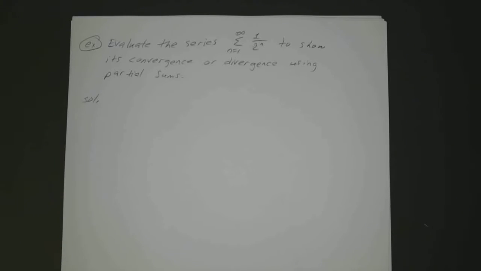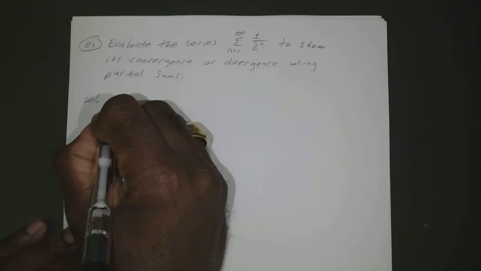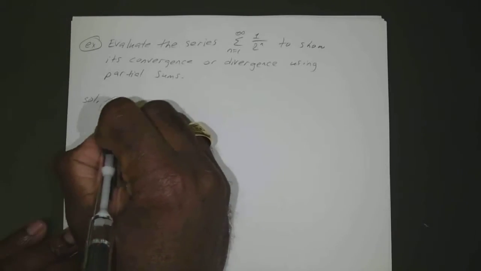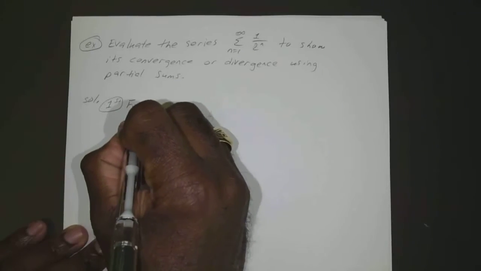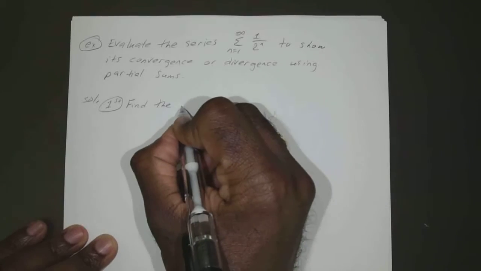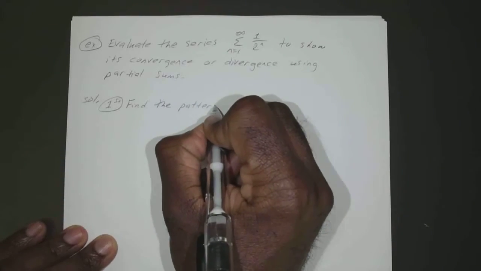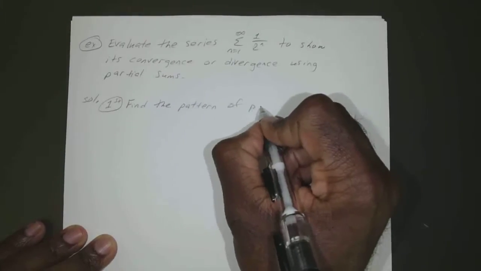Okay. The first thing we want to do, we want to find the pattern of the partial sums.